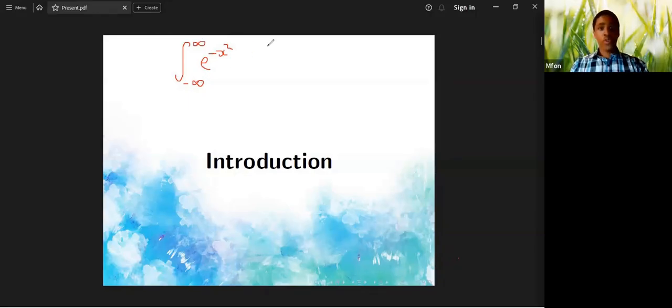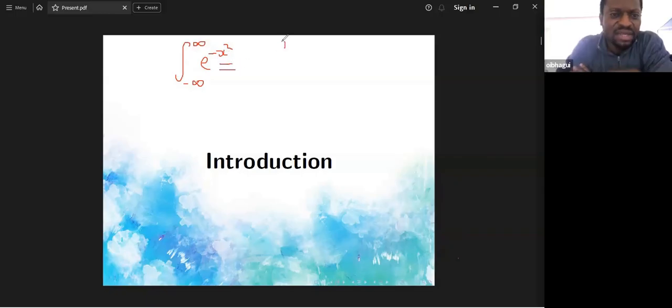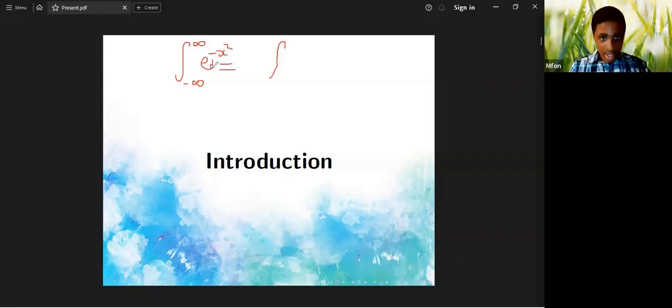So here now, we know that this function. There's a dx missing there. Oh yeah, dx, sorry. Well, let me make it clearer.